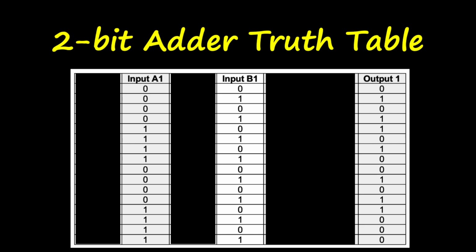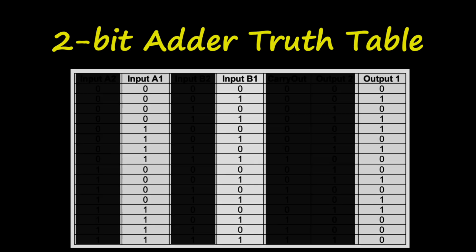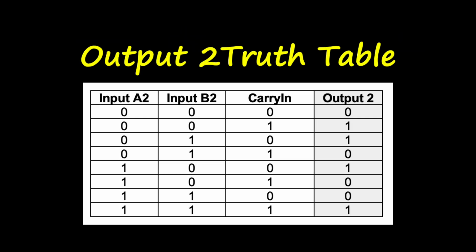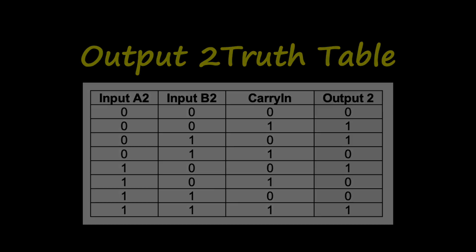But what about the carryout from the 1-bit adder? The carryout from the low-order bits becomes an input, call it carry in, along with inputs A2 and B2 for output 2. This table shows the dependencies between these 3 inputs and the output. This function is a 3-way XOR, or in other words, an XOR of A2 and B2, where the output is the input to an XOR with the carry in.